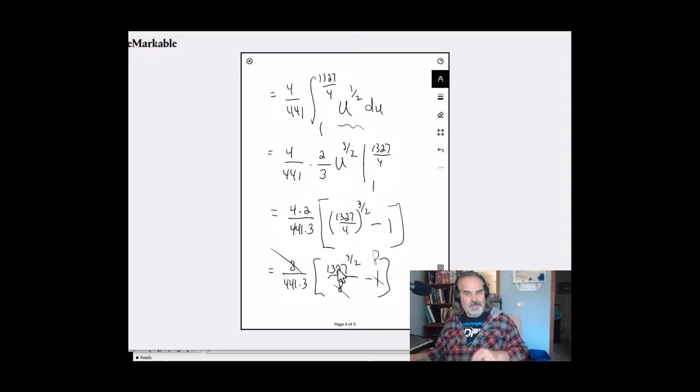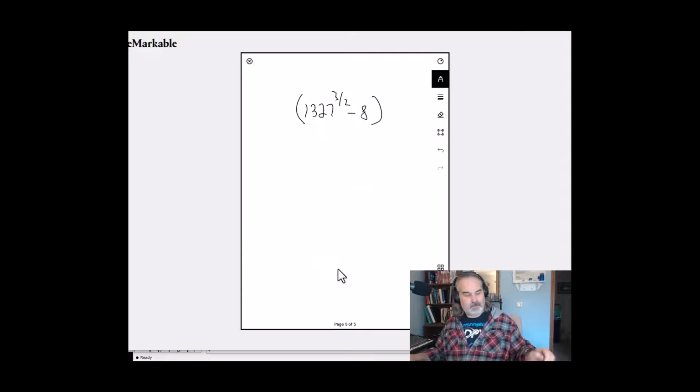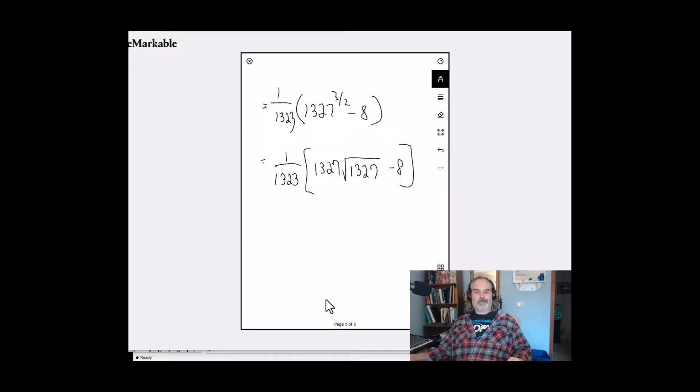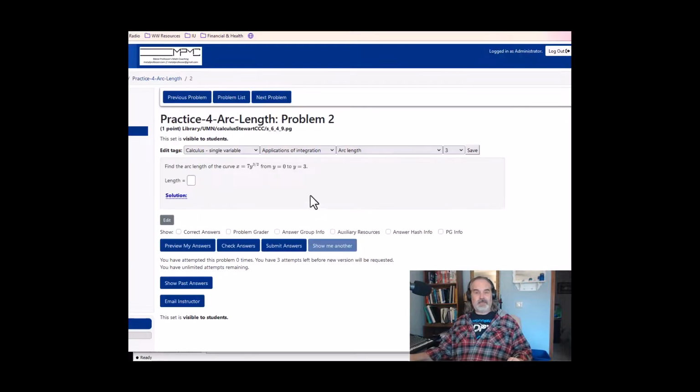Back to the other page, times 1 over this number, which happens to be 1323. And if you don't like that fractional exponent, that 1327 to the 3 halves is 1327 times the square root of 1327. So that's what the arc length ought to be.